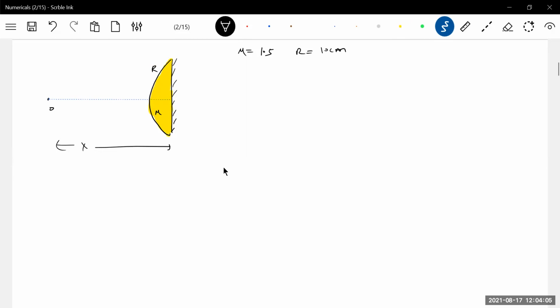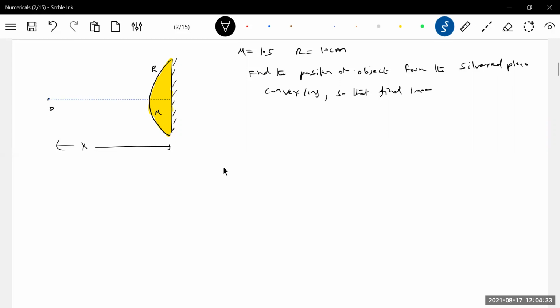Get into the question. Find the position of object from the silvered plano convex lens so that final image is formed at the object. What will be your approach here?